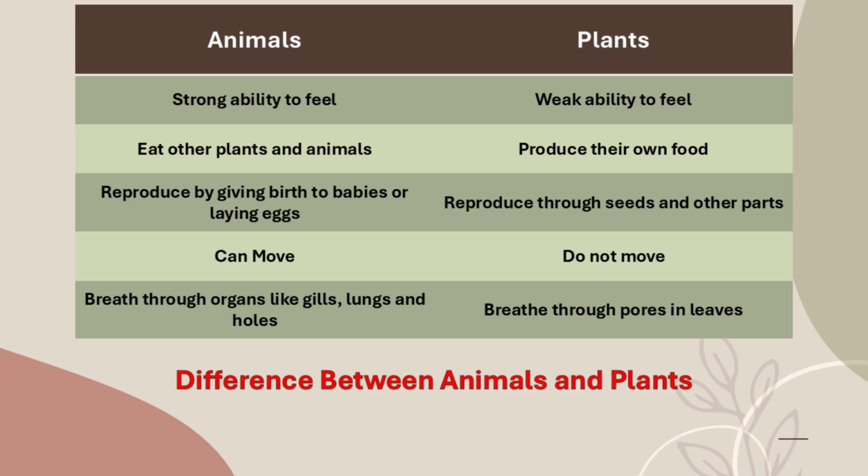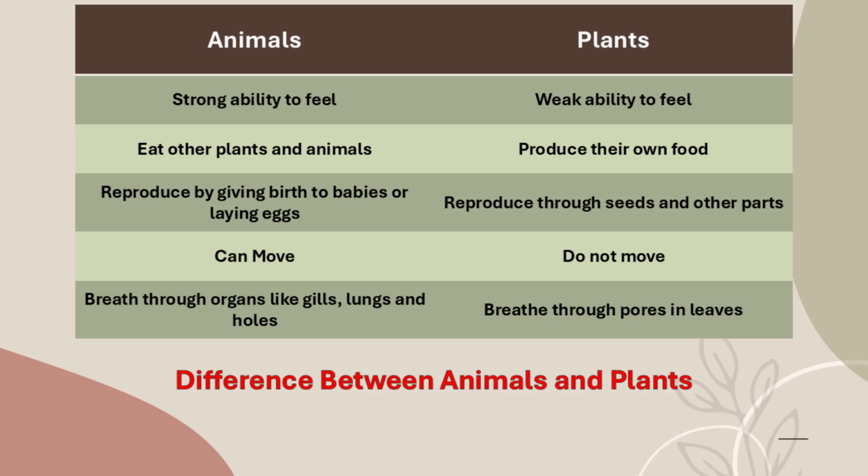Similarly, plants make their own food, and animals eat plants and other animals. Plants breathe through their pores in the leaves, and animals breathe through different organs such as the lungs, gills, holes, etc. Plants have a very weak ability to feel, but animals have a strong sense of feeling.